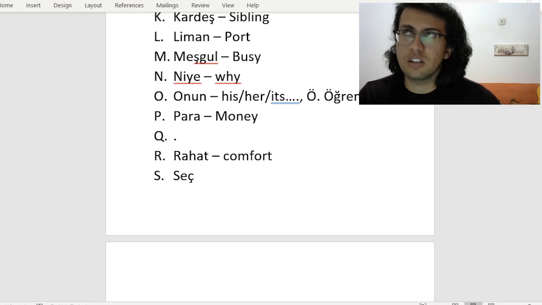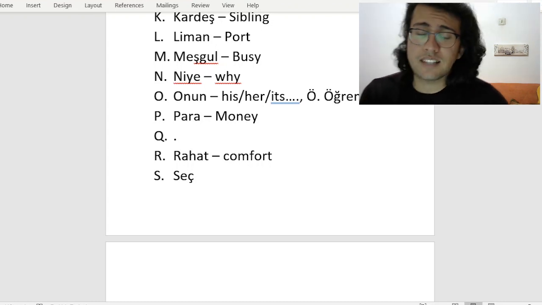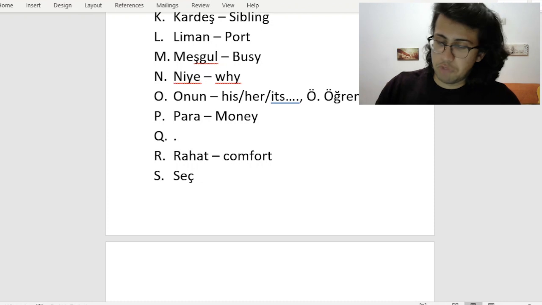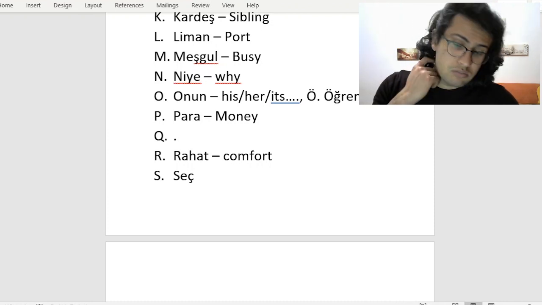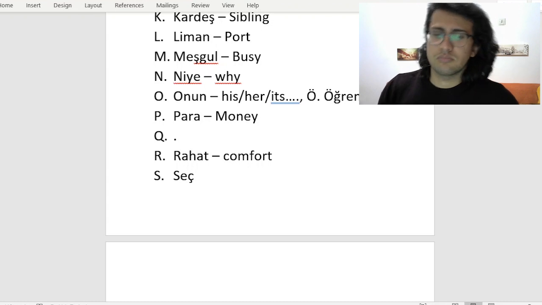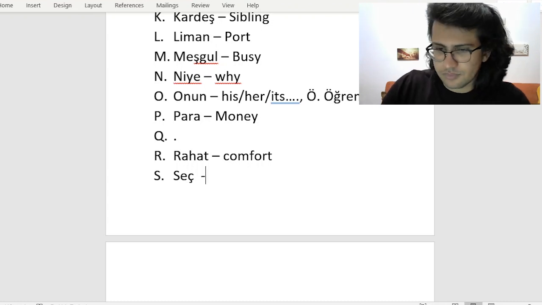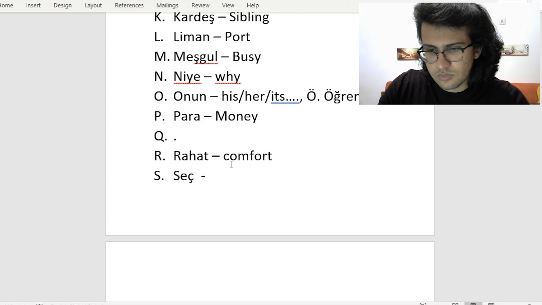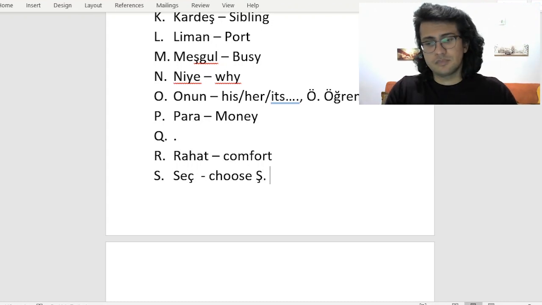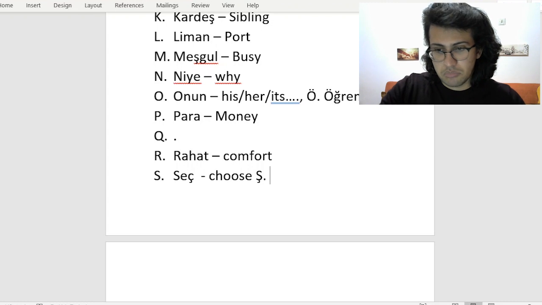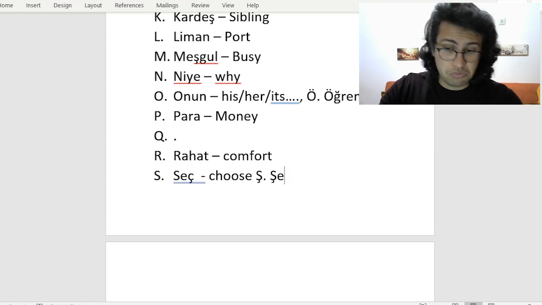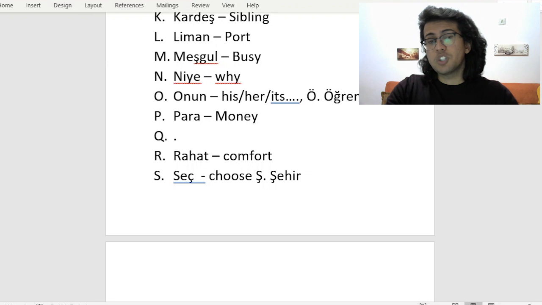You can maybe, if you're, say, booking some tickets, and on the seats, you might see the word seç, as to pick out your seat or so forth, or in general, just seç, or to choose. And then you have the letter Ş, and the letter Ş basically is used in the word şehir, which means city.